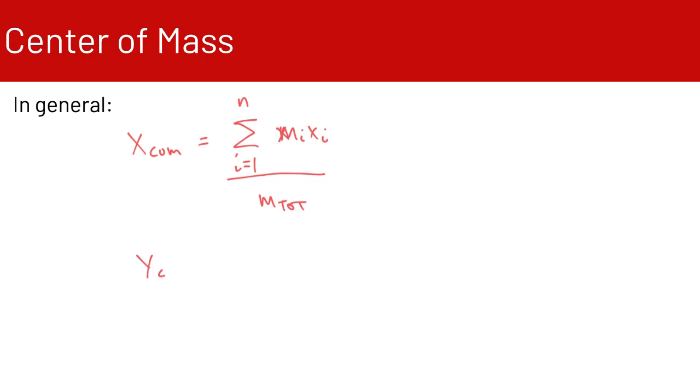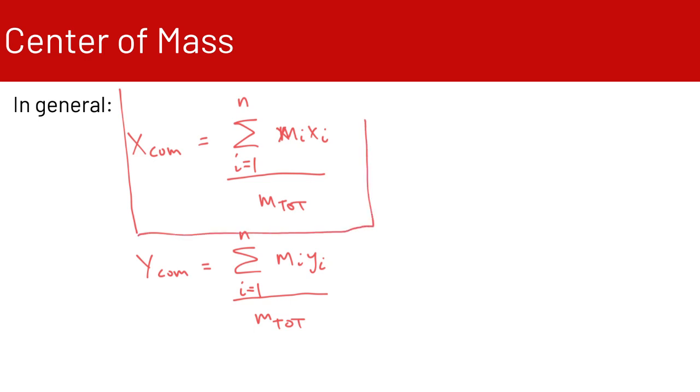And then Y center of mass is equal to the summation from i equals 1 to N of Mi Yi over the total mass. So this is our X center of mass in general and our Y center of mass in general.